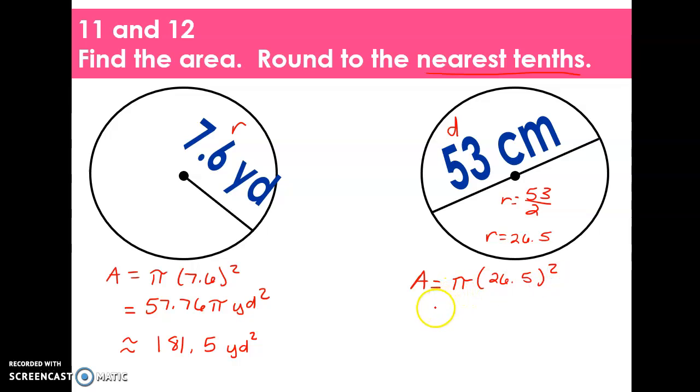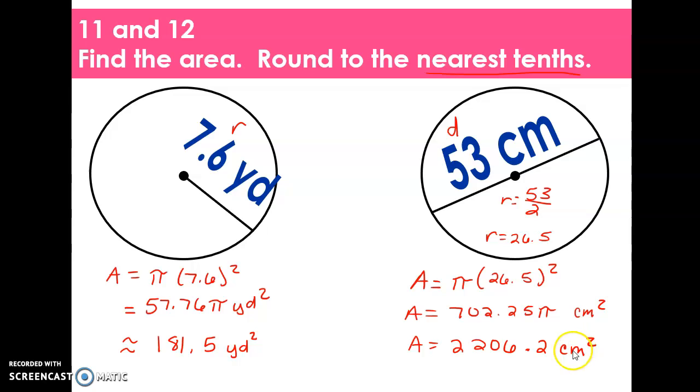So when I multiply 26.5 times 26.5, that's 702.25, and I was in centimeters squared. Now, when I round it to the nearest tenth, I no longer have pi in my answer.